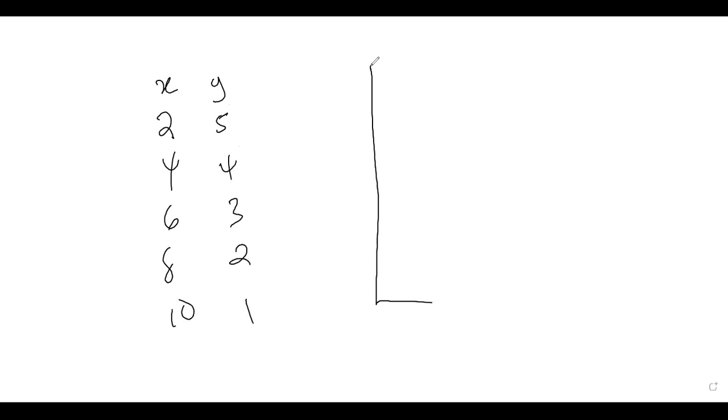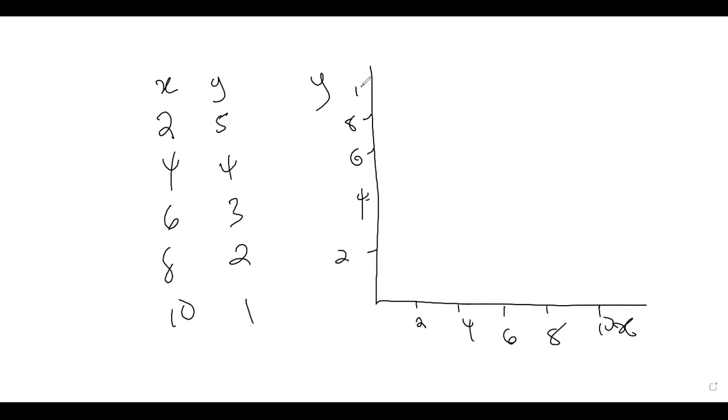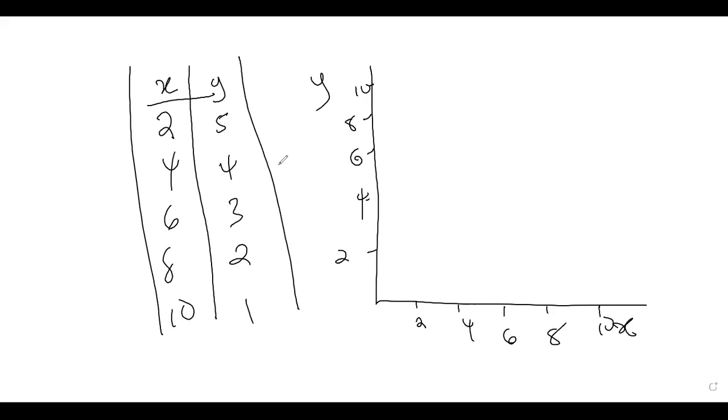Now I can just draw a graph of Y and X. I can name the axes 2, 4, 6, 8, and 10, and then plot these values. Here, the observed value of X is 2 when Y is 5, so we have 2 against 5, and we can plot it here.